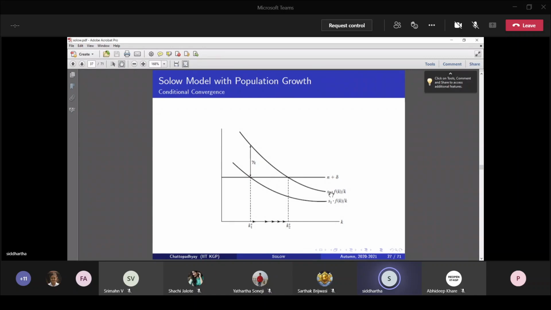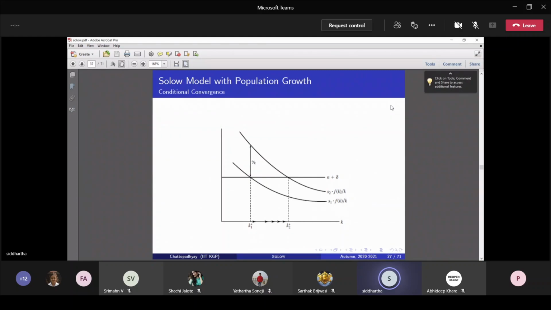Obviously, the economy that has a higher savings rate has a higher per capita capital stock. So the second economy, which is the rich economy in our case, has a higher per capita capital stock in the long run than the poor economy. The poor economy's per capita capital stock in the long run is k1 star. The rich economy's per capita capital stock in the long run is k2 star. As a result, from the production function, the long run output of the rich economy is higher than the long run output of the poor economy.